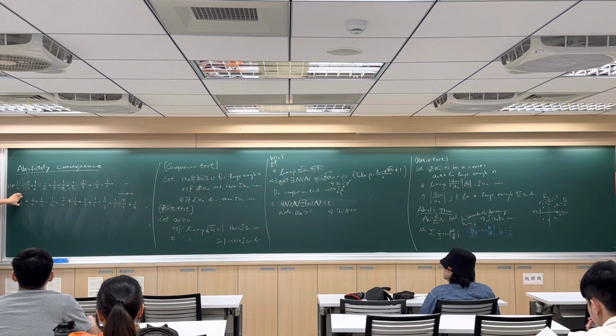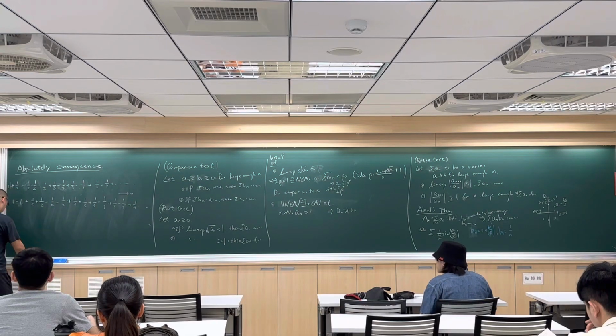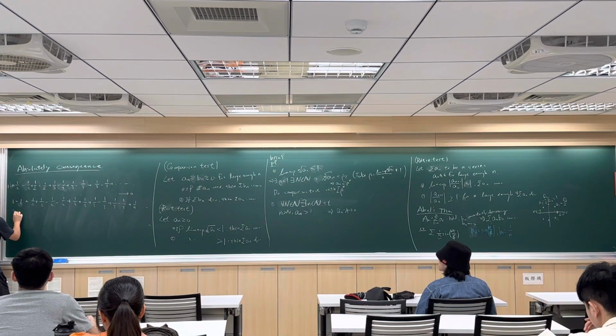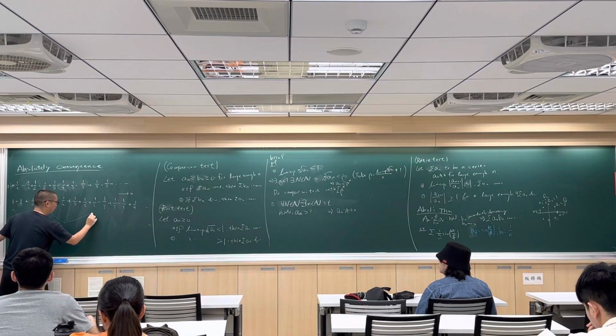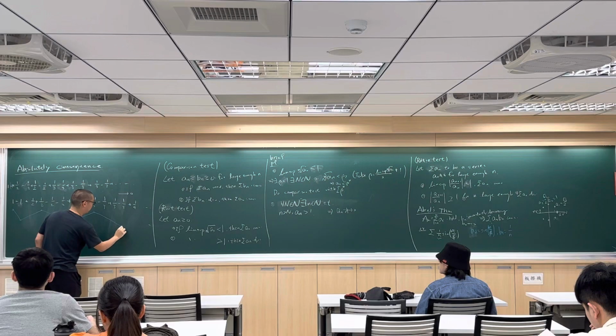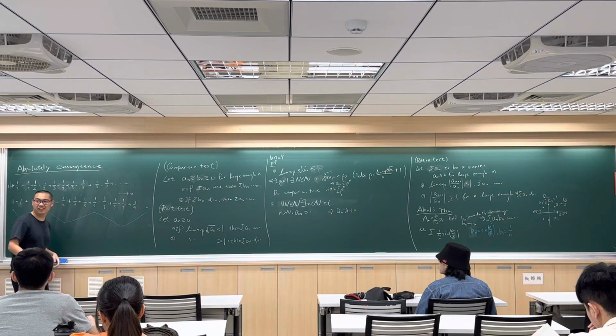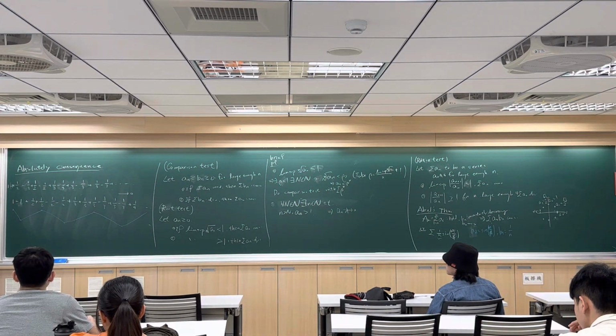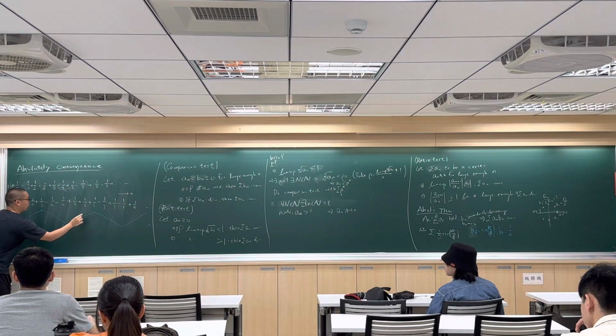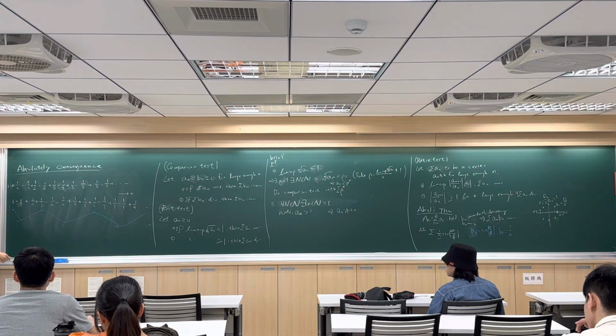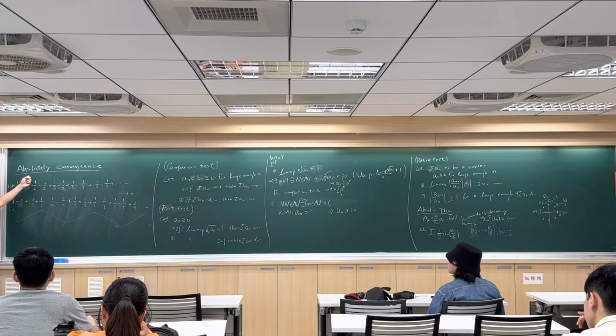It'll be 1, 0, 1 over 2, 1, and 1 over 2, 0. So it'll be 1, 0, 1, 0, 1, 0, and maybe 1. So this series does not converge. But I just rearranged the terms here.